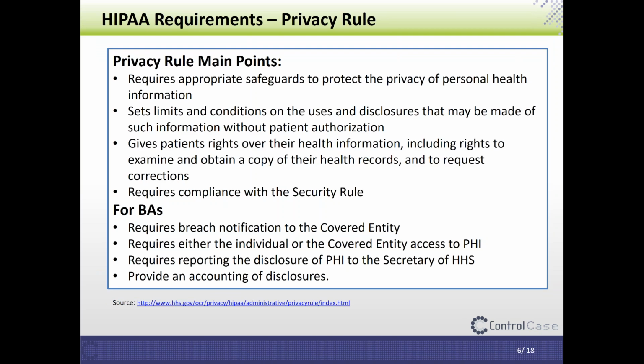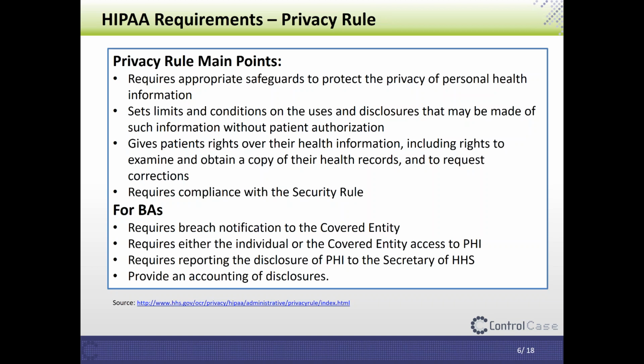When I talked about it earlier, I mentioned that there are 3 key components to HIPAA, and we'll talk about that. One is the privacy rule, which ensures that privacy of healthcare information of individuals is safeguarded.